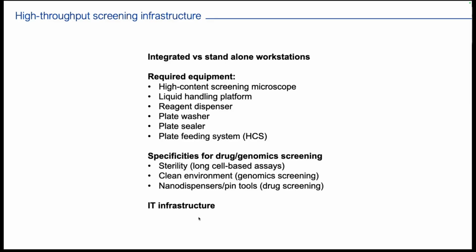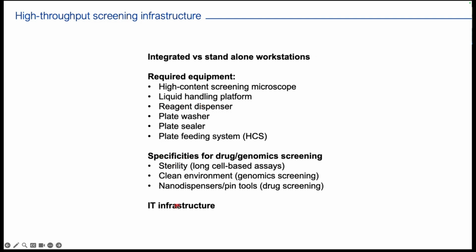Okay, so very briefly, to give you an idea of the kind of infrastructure that we need to run screenings, we need dedicated equipment, like content screening microscopes, liquid handling platforms for handling all the libraries and so on, dispensers, washers.